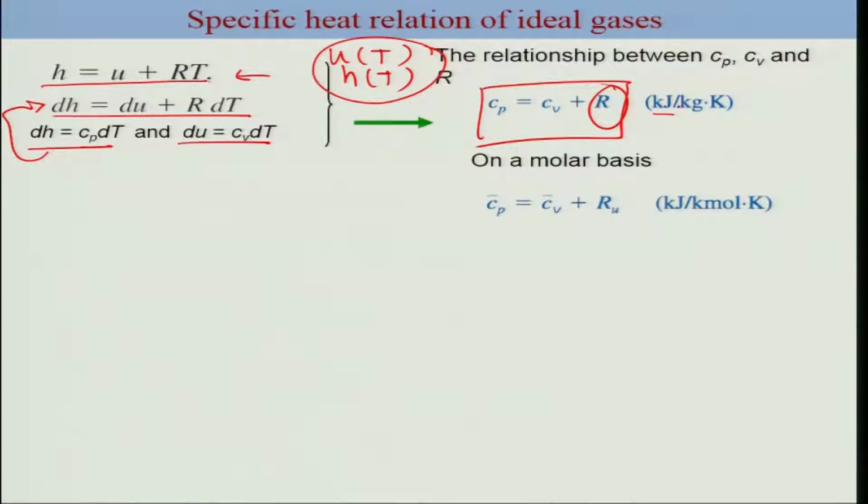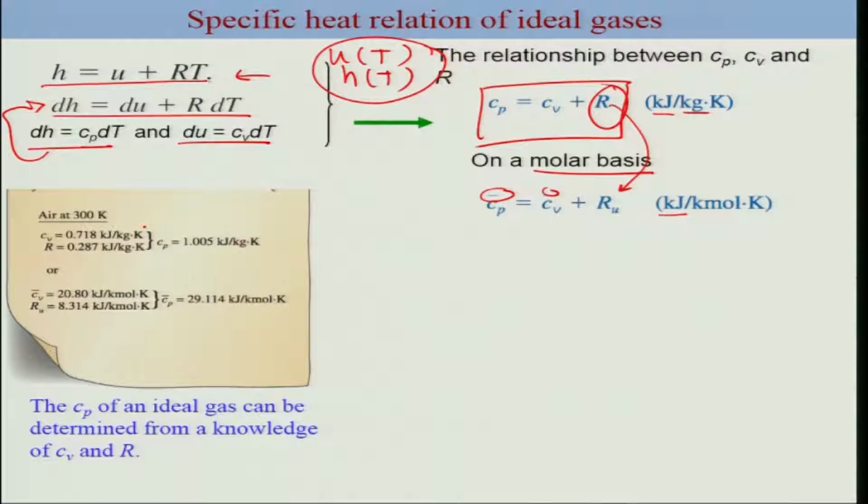This is kilojoules per kg Kelvin, and hence if you convert R to the universal gas constant, you get kilojoules per kilomole Kelvin, and this represents the molar basis. If you have the information of Cv, you can obtain Cp. Or the same thing, if you have the molar specific heat at constant volume, you can also get the molar specific heat at constant pressure. So Cp of an ideal gas can be determined from knowledge of Cv and R.